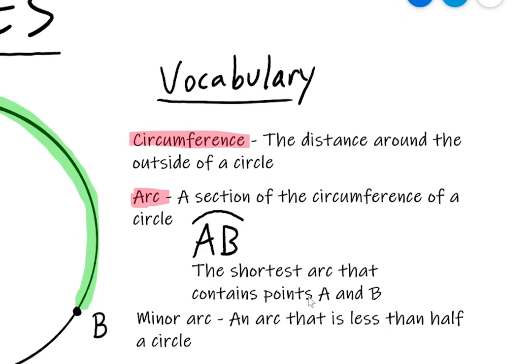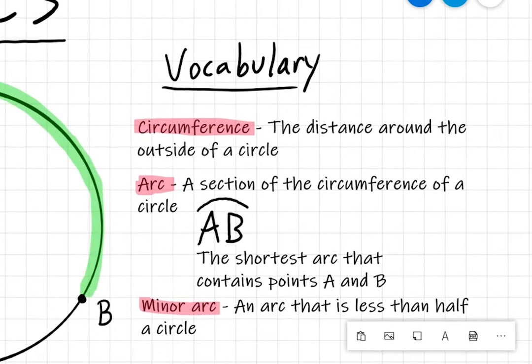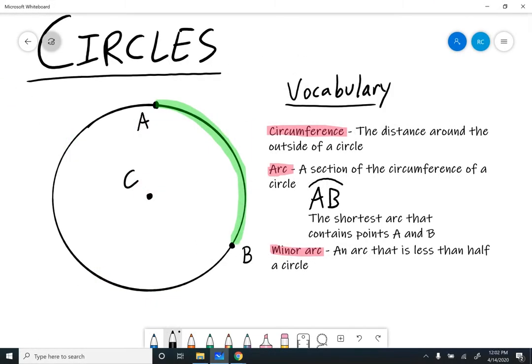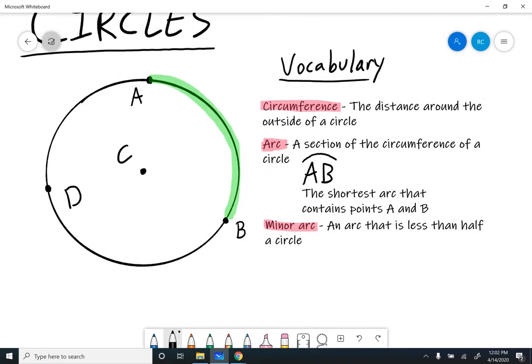All right, a minor arc is an arc that is less than halfway around the circle. So if I say arc AB, I'm automatically assuming it is the minor arc between them, as opposed to, let's say I have another point here, point D. I could say arc ADB.